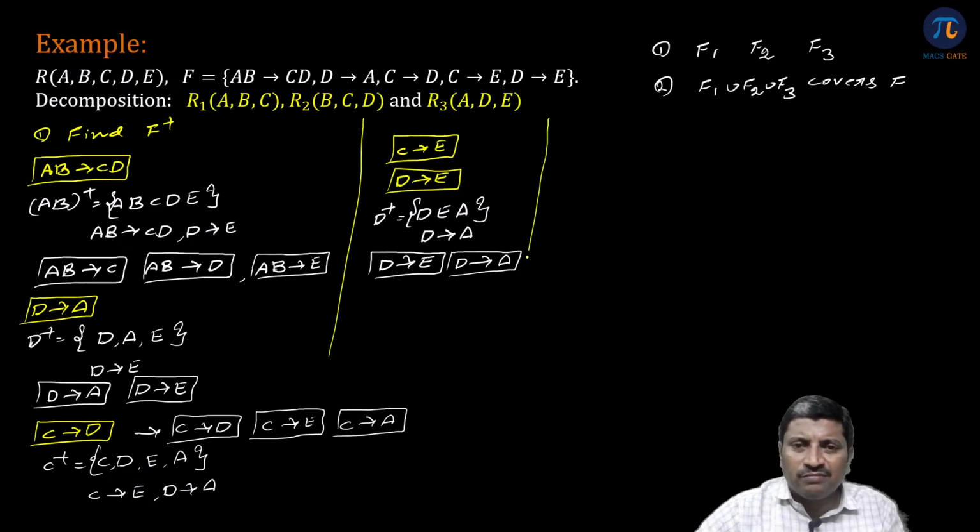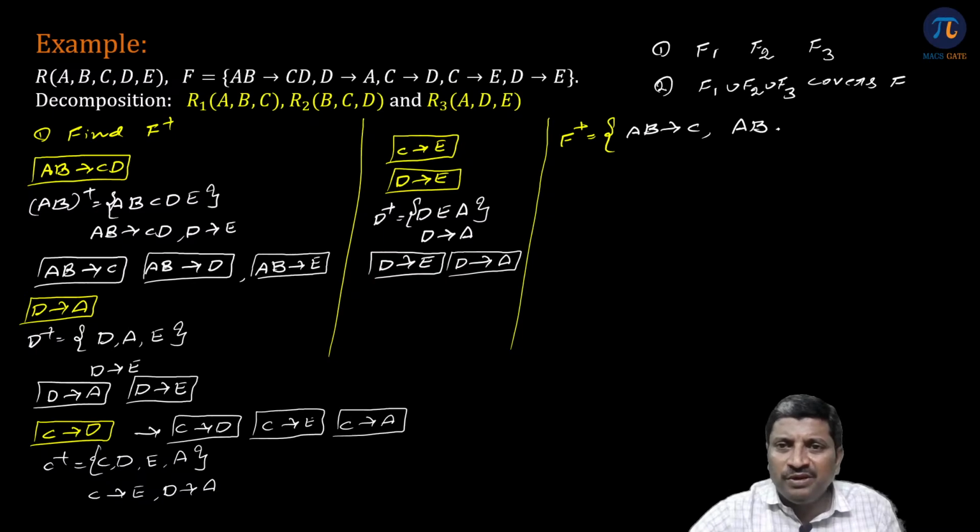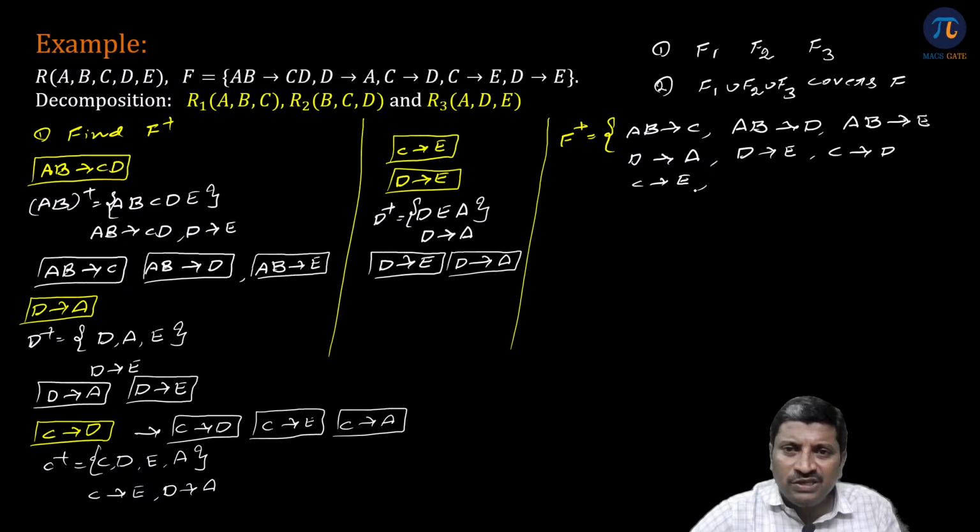So now let me write F closure. What is F closure, sir? Let us write all the FDs. AB implies C, AB implies D, AB implies E, right? The second one is D implies A, D implies E, then C implies D, C implies E, C implies A. Then we already completed with the D plus, right?